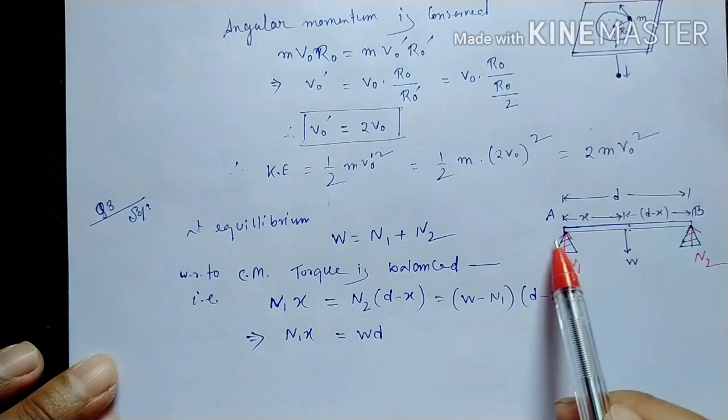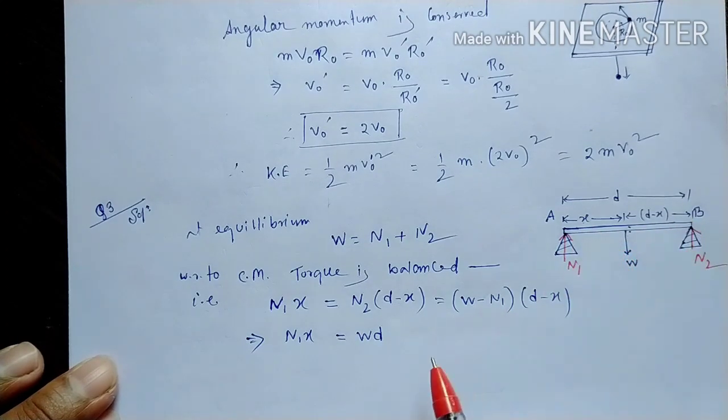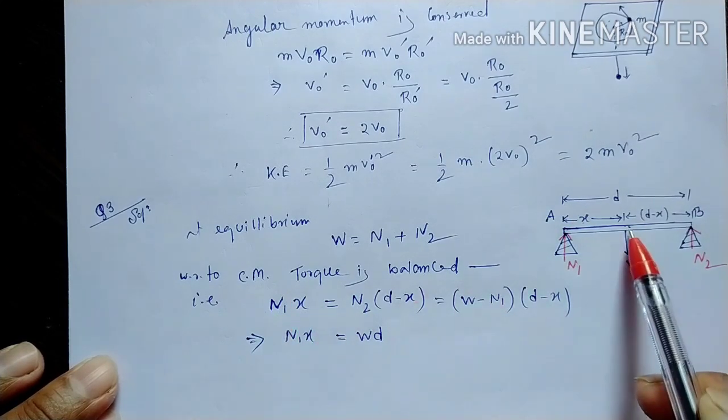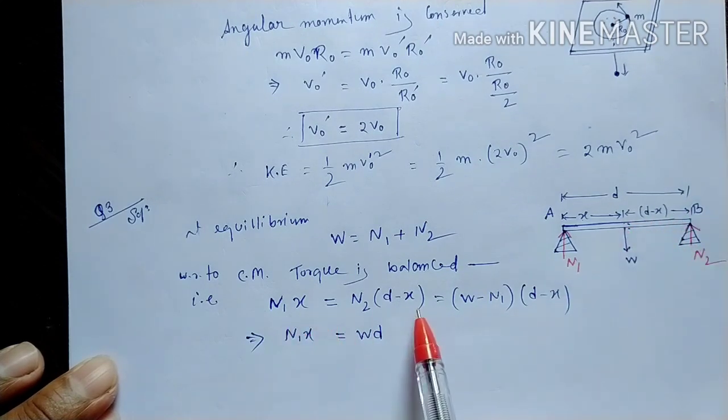That means torque on the left hand side is equal to torque on the right hand side. Since the body is balanced, torque on the left hand side is force into distance x. Similarly on the right hand side, force into distance D minus x.